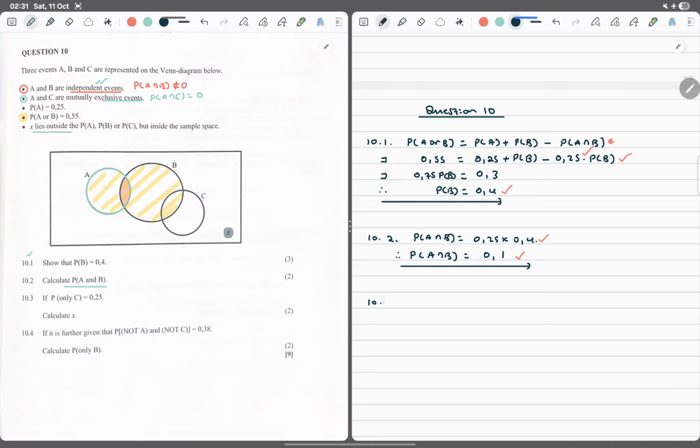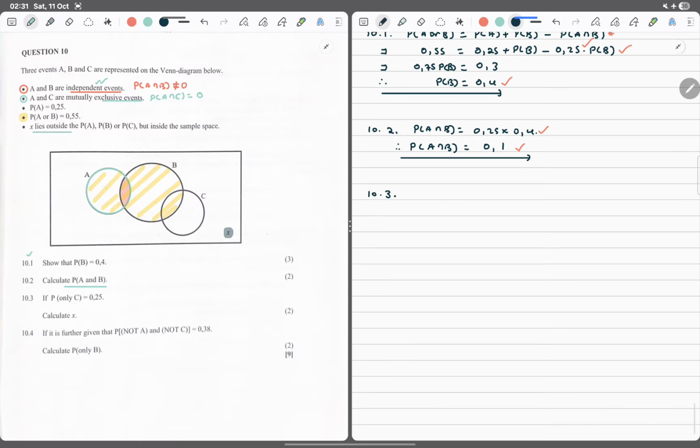So 10.3 says, if P of only C is 0.25, now only C is this one. So only C is just that part, okay? And we're told that the probability here is 0.25, okay? Now we need to find the value of X, okay? Easy.